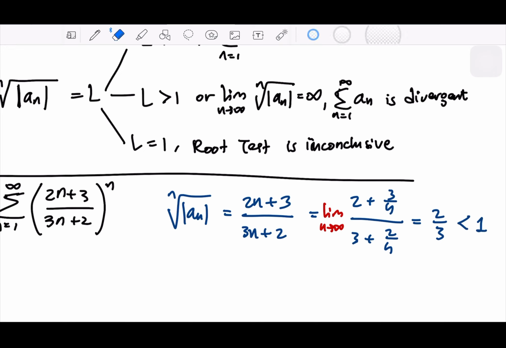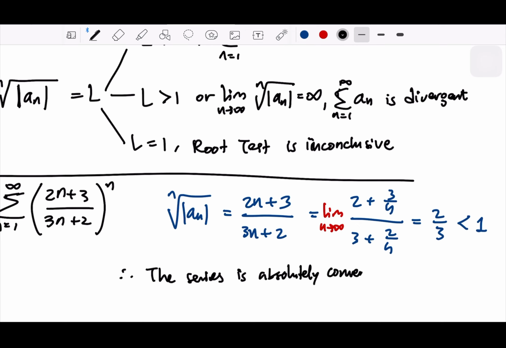So as a conclusion, the series is absolutely convergent by the root test.